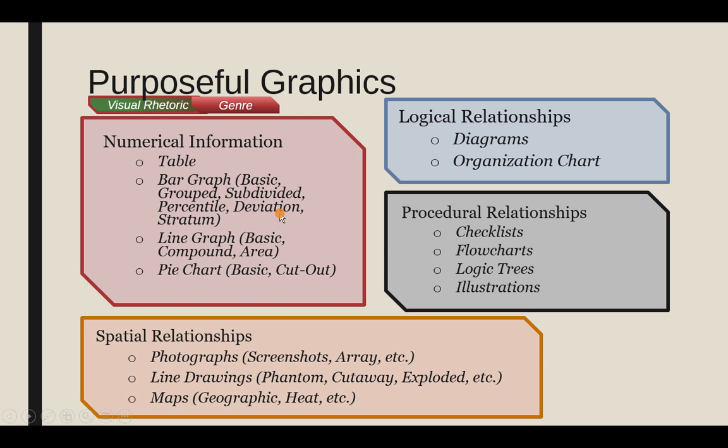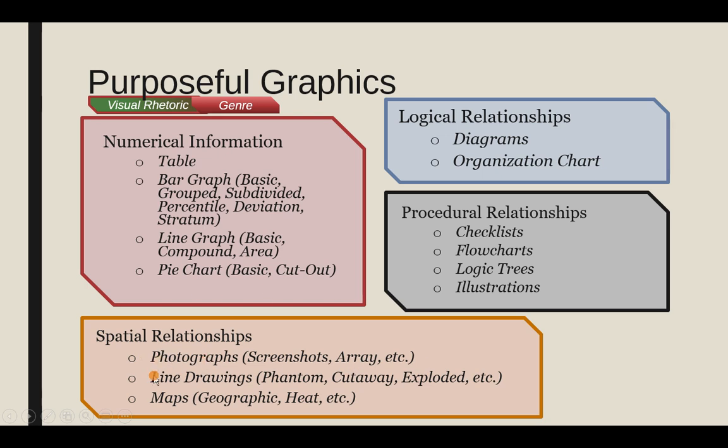But like a deviation bar graph is the ones that have plus and minus, right? Stratum has different levels within a single bar. Okay, do you have compound line graphs, or do you have basic line graphs? Do you have cutout, is what I was talking about with the excised section.